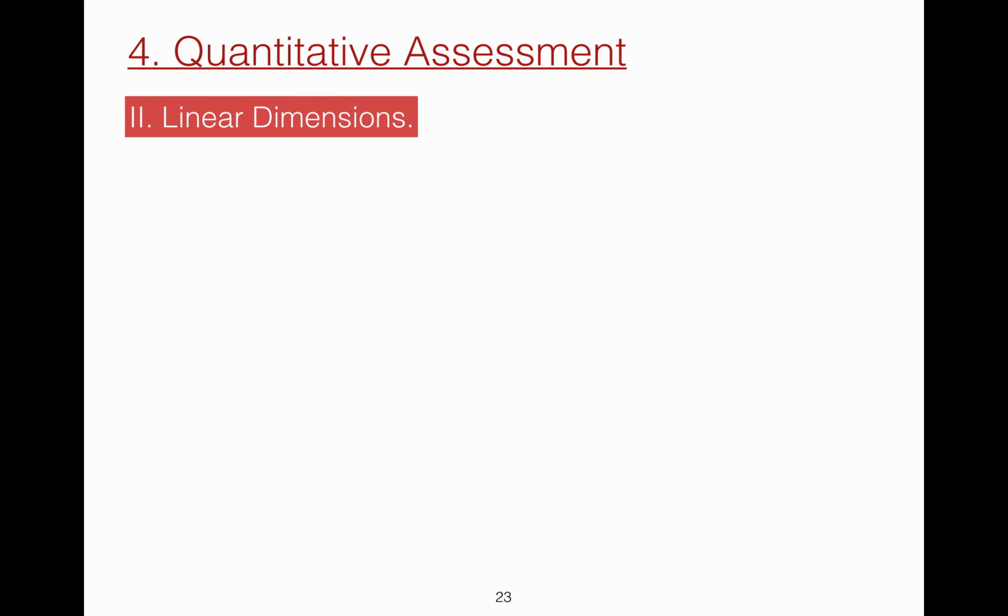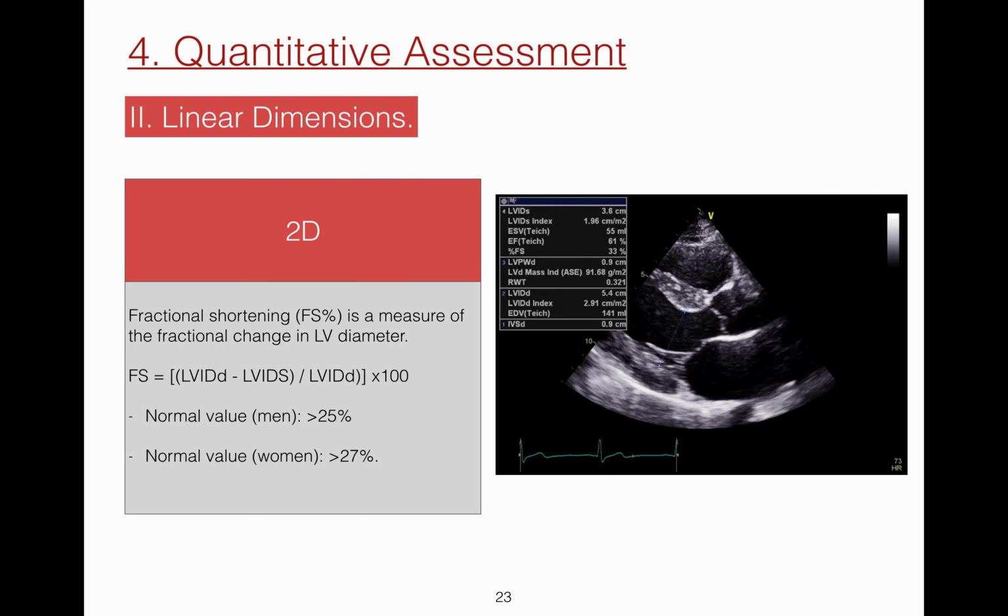Linear dimensions measured with 2D. Again, by measuring the internal dimensions at end diastole and end systole, a fractional shortening measurement can be made and is calculated automatically by the machine using the equation on the slide.